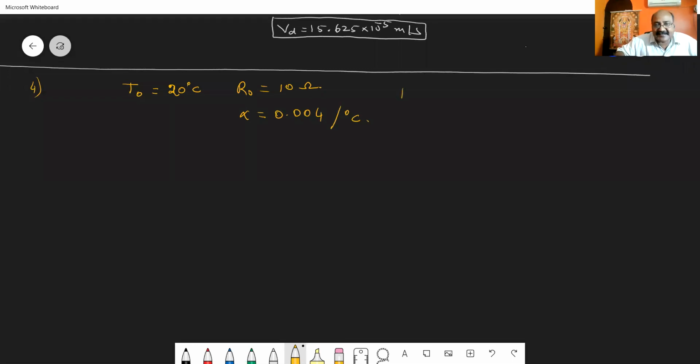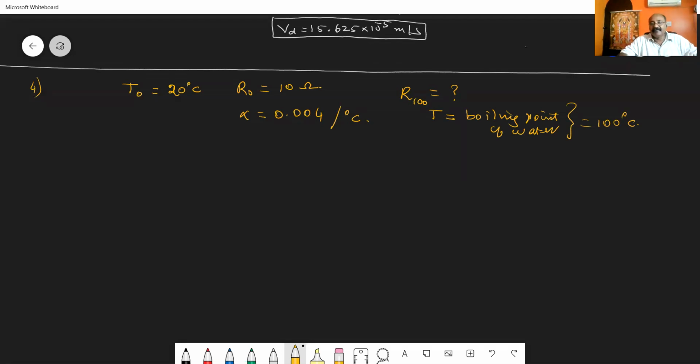Find its resistance. Okay, you are asked to calculate the resistance at boiling point of water, that is T. What is the boiling point of water? Boiling point of water is nothing but 100 degrees Celsius. So you are asked to calculate the resistance at 100 degrees Celsius.